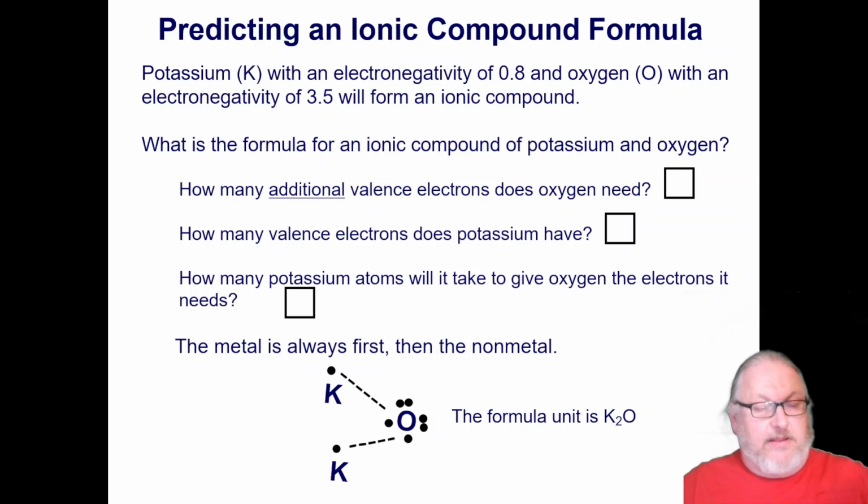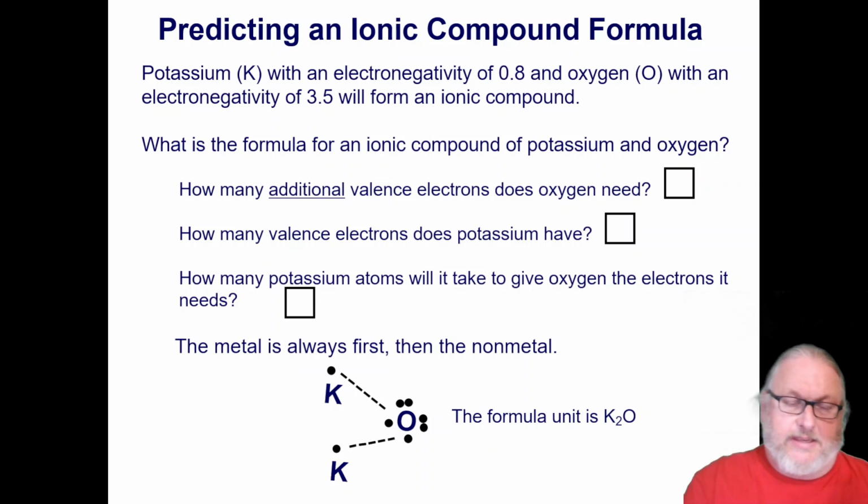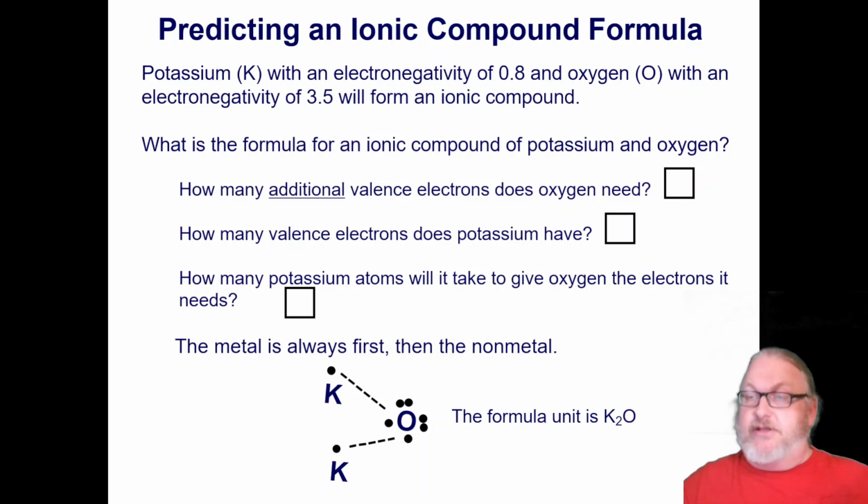Subtracting 0.8 from 3.5 gives me 2.7. Now 2.7 is above 1.7, so this will form an ionic compound.